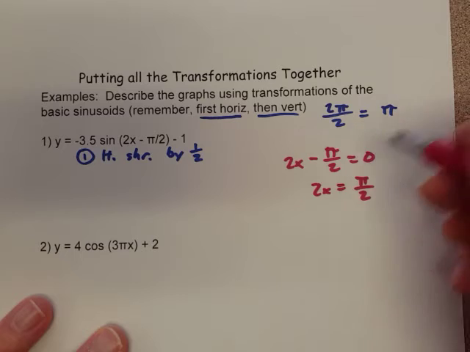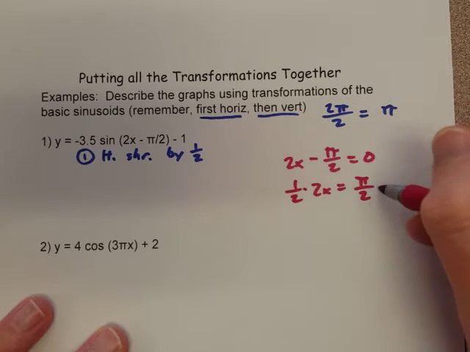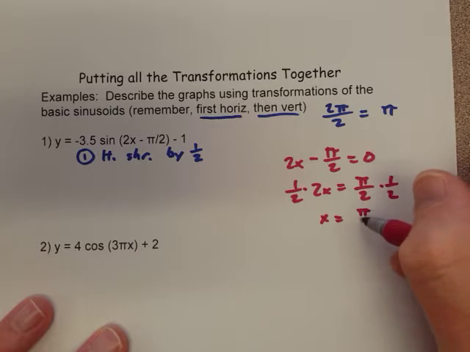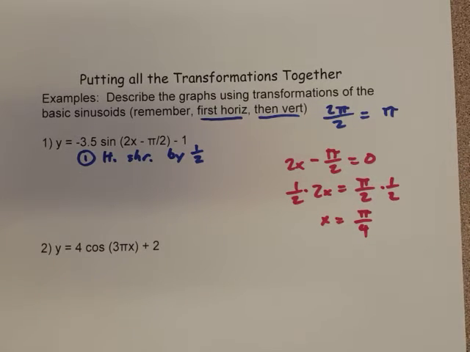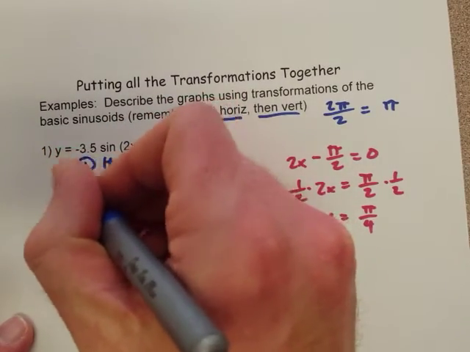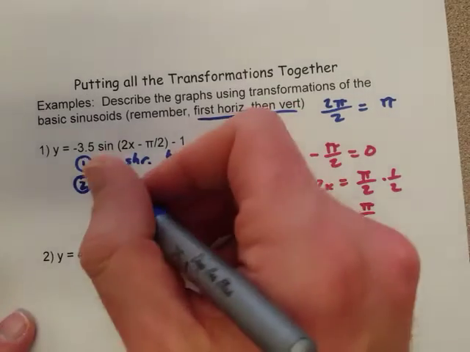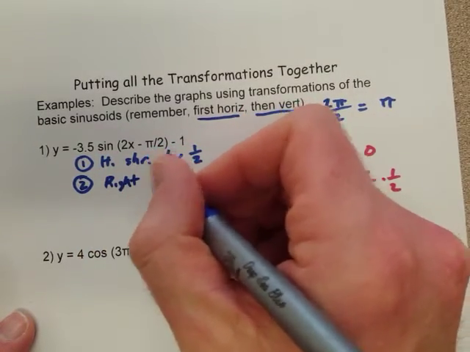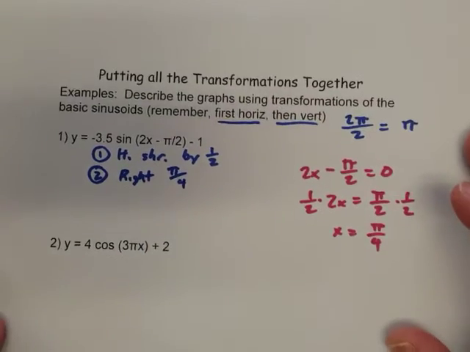And then divide by 2, or you can think about it as multiplying by 1/2. And so x is equal to pi over 4. So pi over 4 is actually the amount that we're shifting. Since it's positive, we're going to the right. So the second transformation here is right by pi over 4.